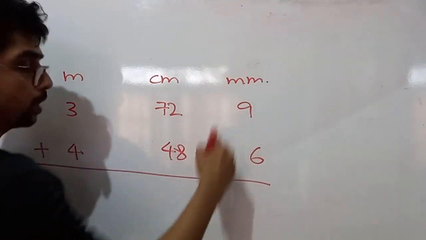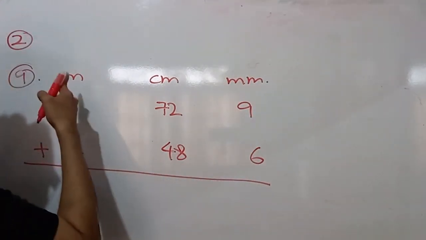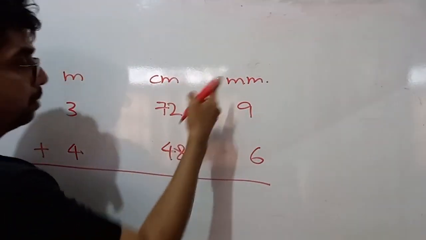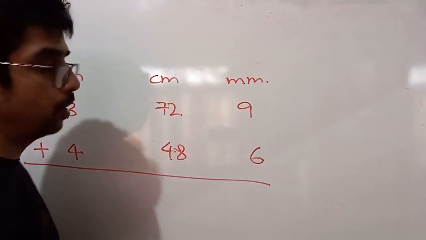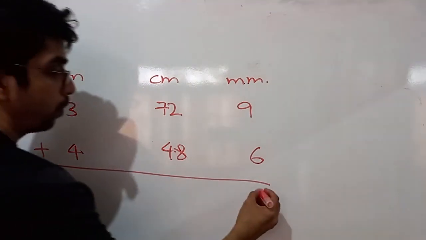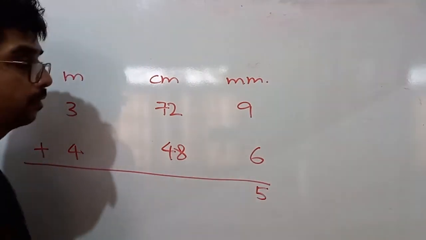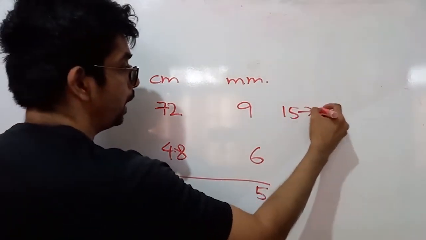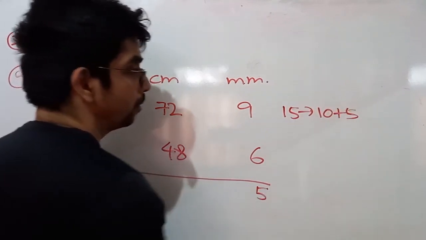Just as before, we have to start from the smallest unit. So when we compare meters, centimeters and millimeters, millimeters is the smallest unit. So 9 plus 6, that is 15. So from that we can write 5, right? 15 we can break it into 10 plus 5.